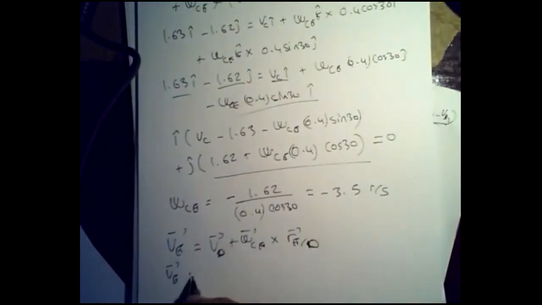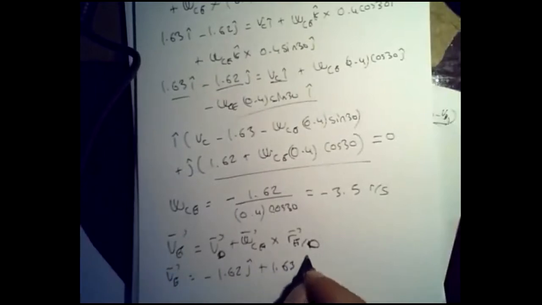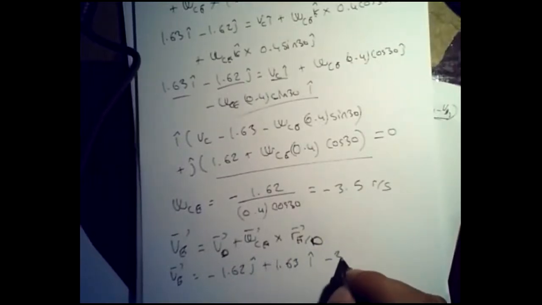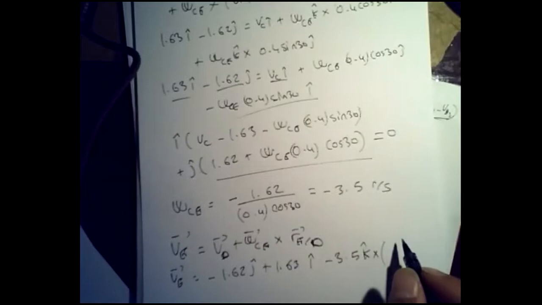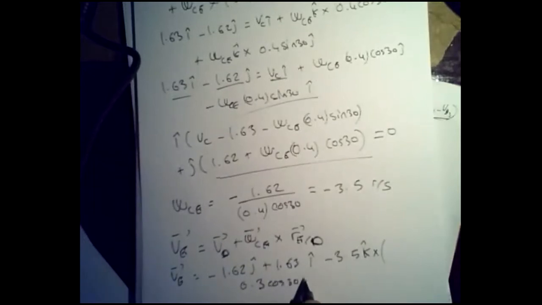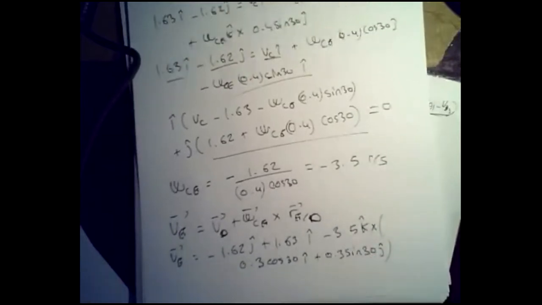And here RE with respect to D. So VE is equal to VD, which is equal to minus 1.62 J plus 1.63 I, plus omega CE, which is minus 3.5 K, cross RE with respect to D. And RE with respect to D is given directly, which is 0.3 cosine 30 I plus 0.3 sine 30 J. And I think that's it. This is going to be the velocity of E.